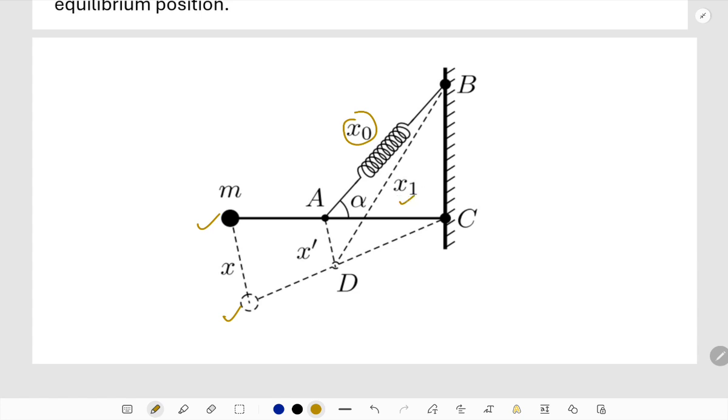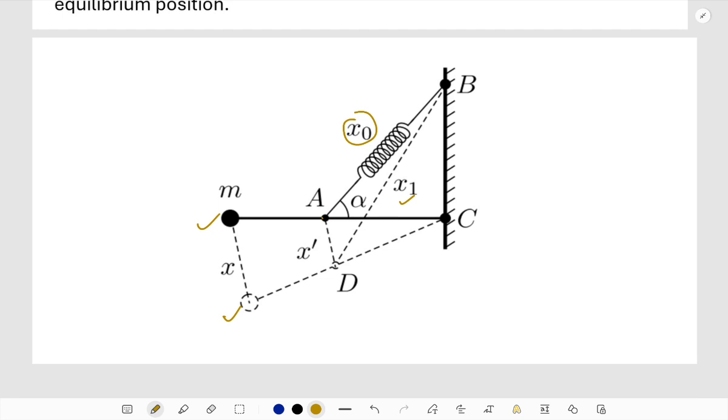You can see the displacement of this junction point of the spring and the rod by x dash, and that means the elongation of the spring during this process is delta x.